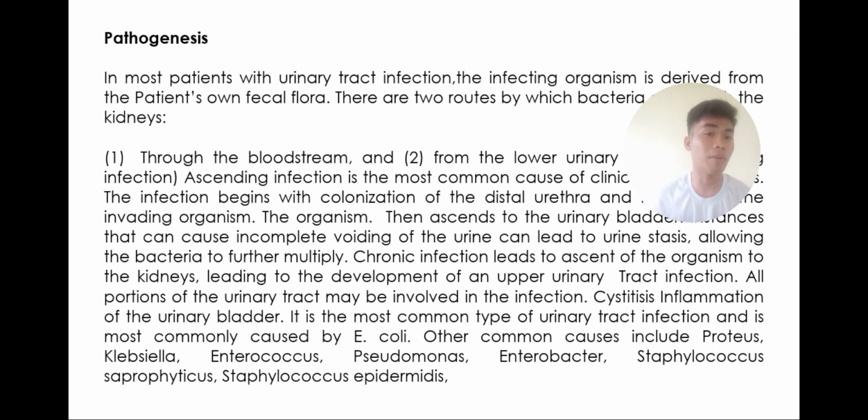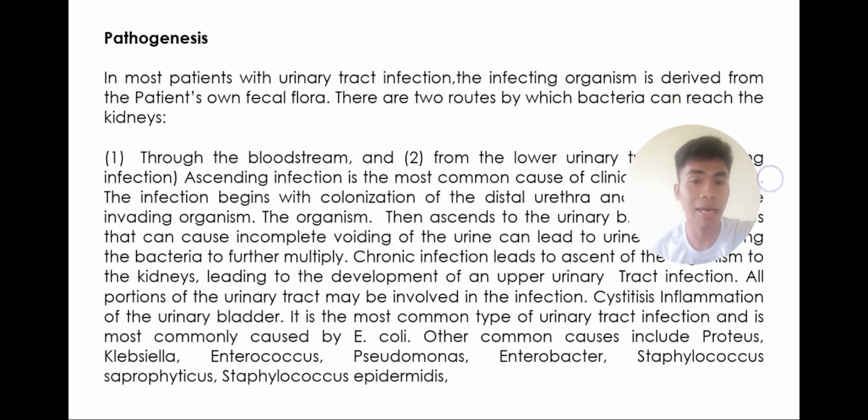It is the most common type of urinary tract infection, most commonly caused by E. coli. Other common causes include Proteus, Klebsiella, Enterococcus, Pseudomonas, Enterobacter, Staphylococcus saprophyticus, and lastly Staphylococcus epidermidis.